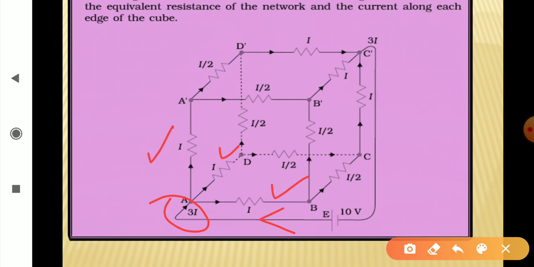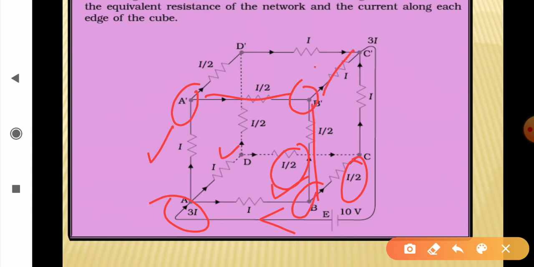Okay. Now at point B, the current divides in two equal parts, right? So due to symmetry, equal division, so BB dash will get I by 2 and BC will also get I by 2, right? Now at this point, a similar division will take place. So I by 2 will come from here and I by 2 will come from here, and they combine together to give I, right?